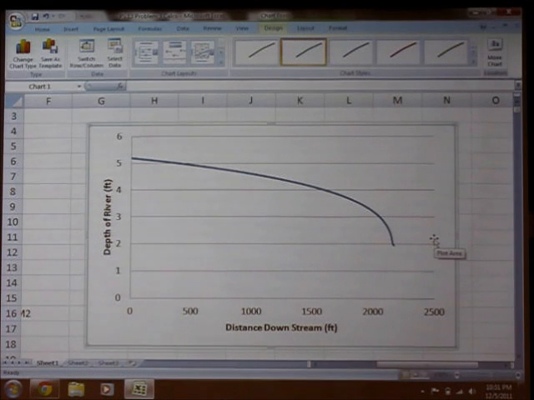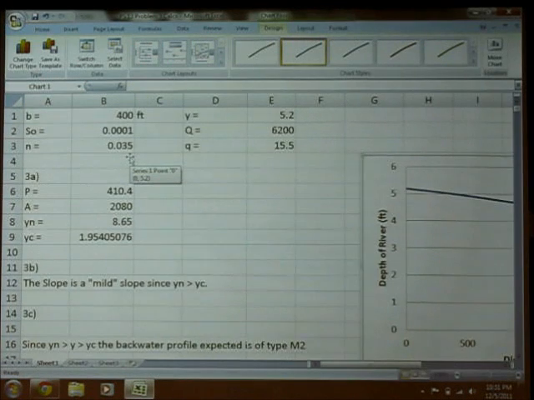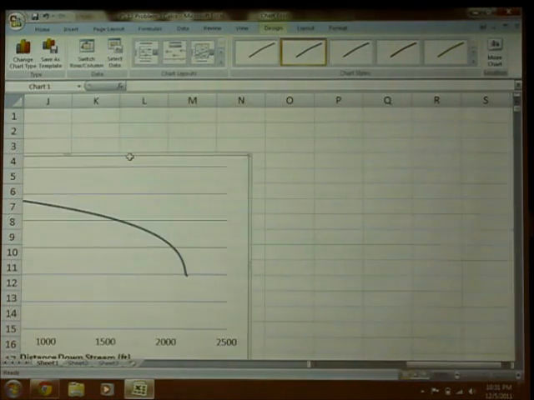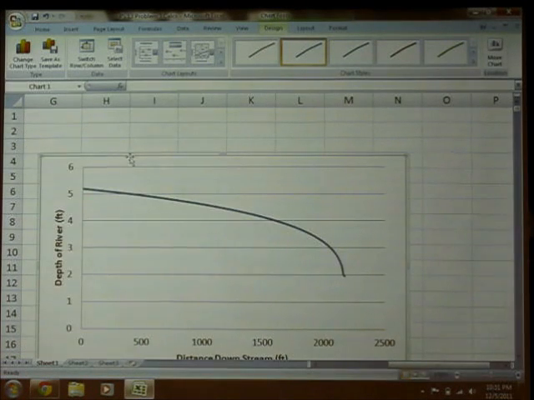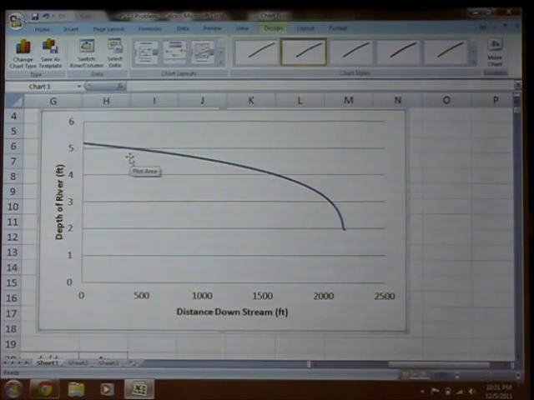So this is the backwater profile for the Wabash River that we've calculated. It starts at our initial y of 5.2. And as it goes downstream, it's slowly decreasing in y until it finally hits the critical y value, and then it's going to level off, which is about 2,200 feet.